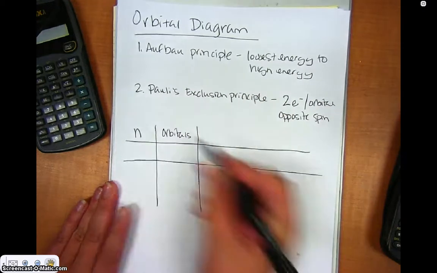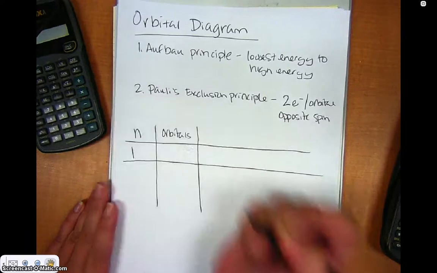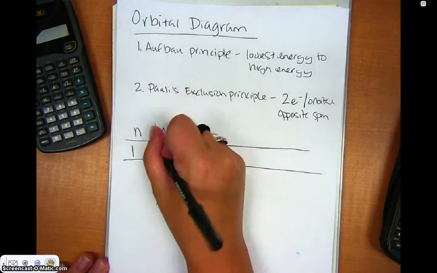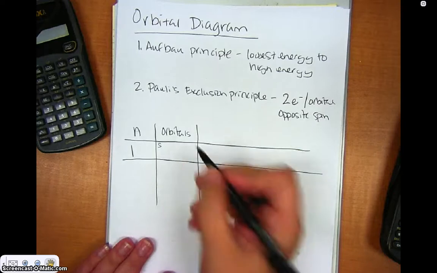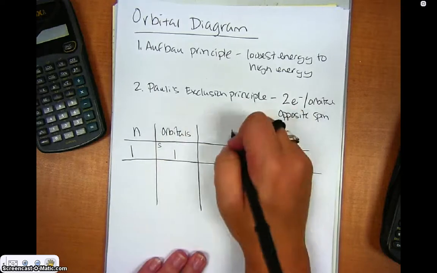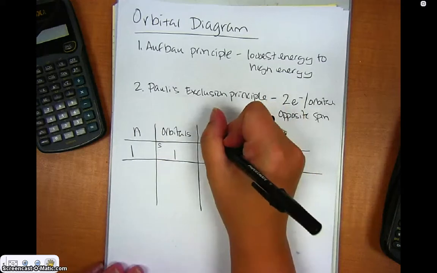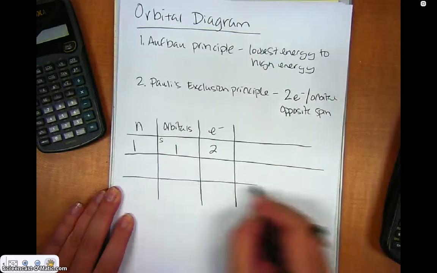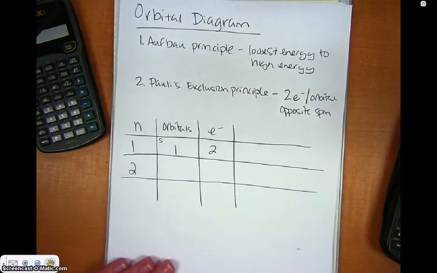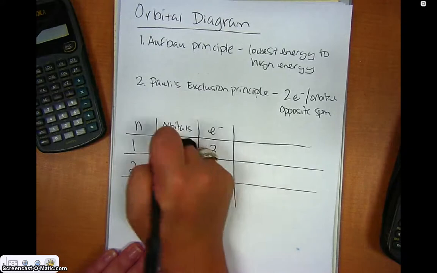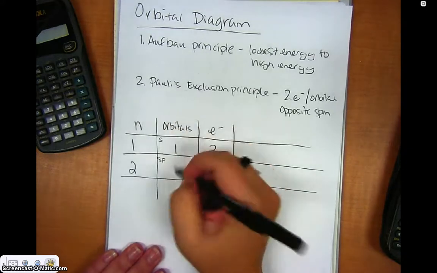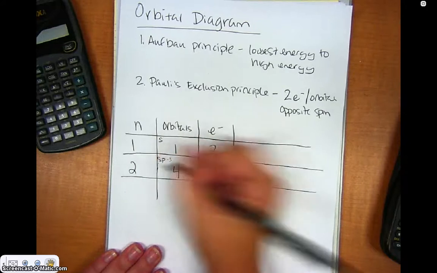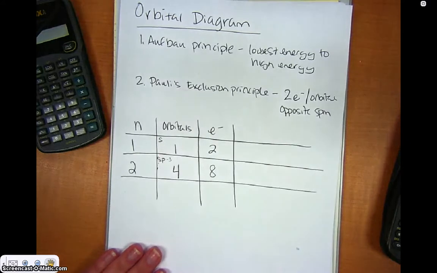So remember that n equals 1 has the s sublevel, and therefore it has 1 orbital and it can hold 2 electrons, right? And then in the second energy level or principal quantum number, we have s's and p's, which gives us a total of 4 orbitals, because the p has 3 and the s has 1, and so we have 8 electrons.